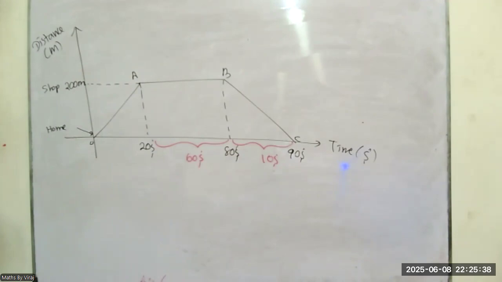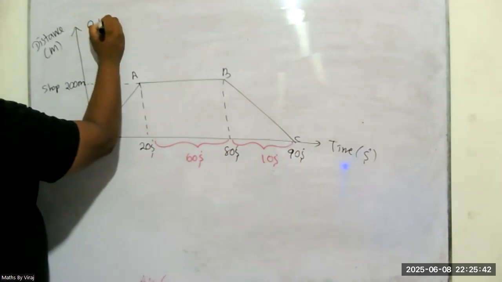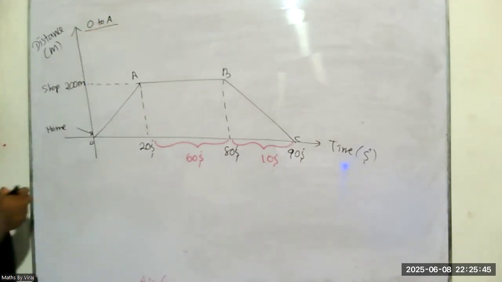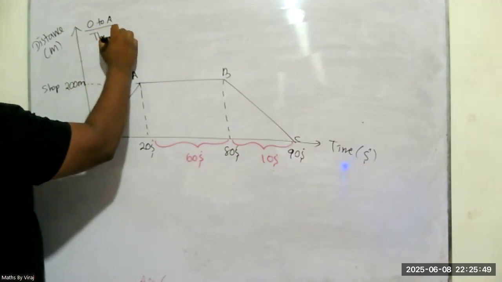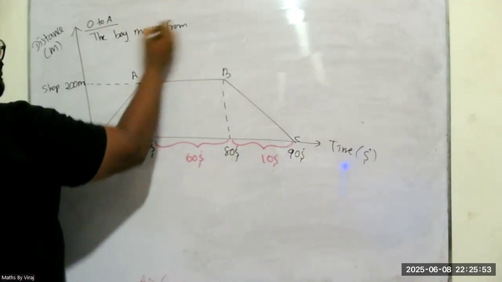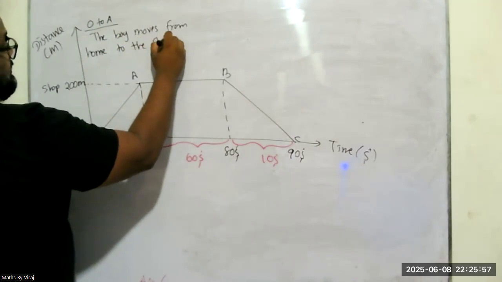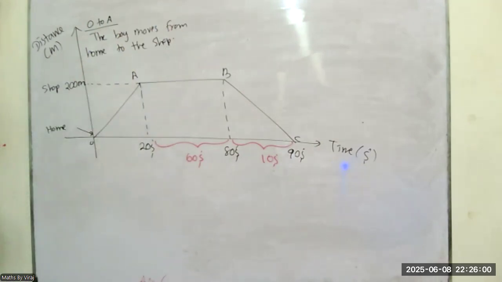So if I break this motion into three parts, O to A, what is happening? O to A, the boy moves. Do we know the distance? 200 meters.